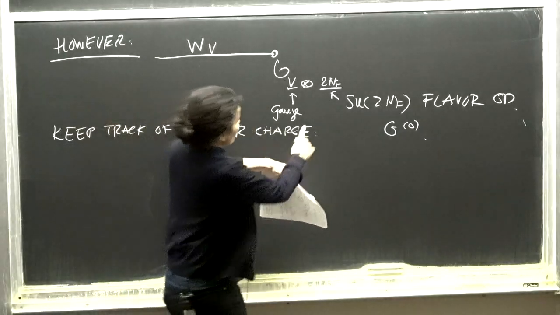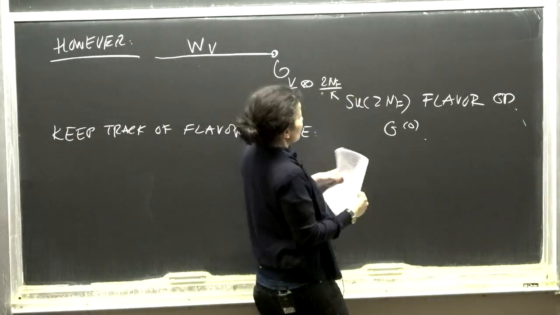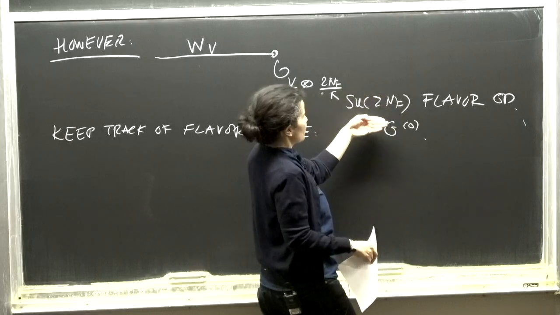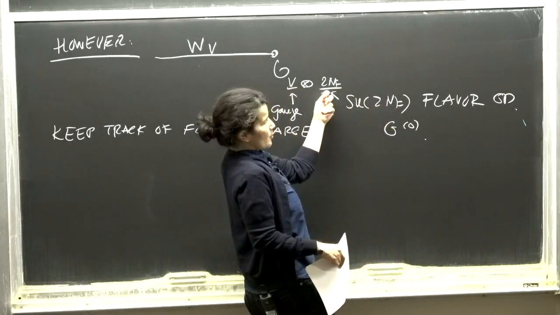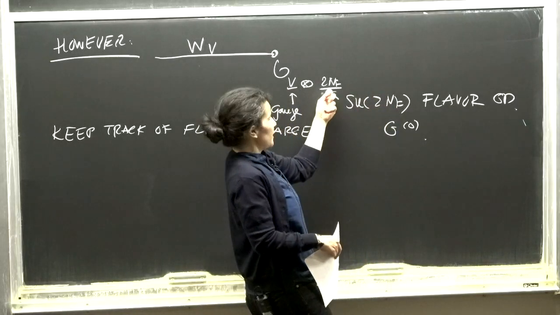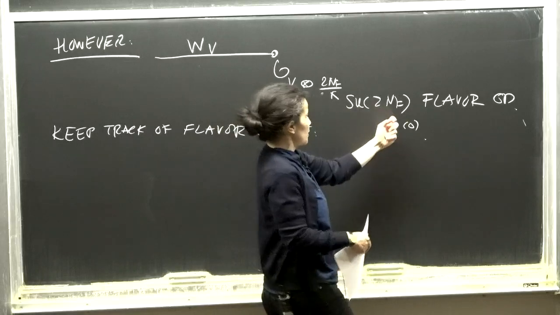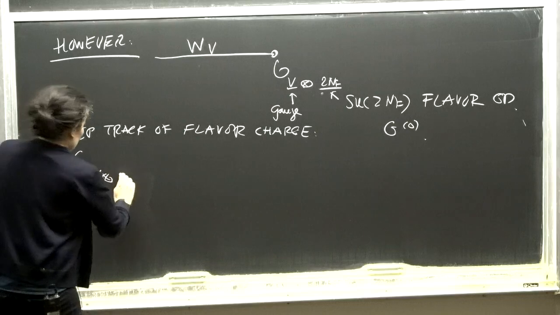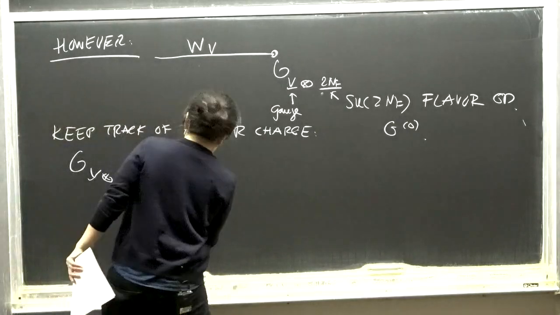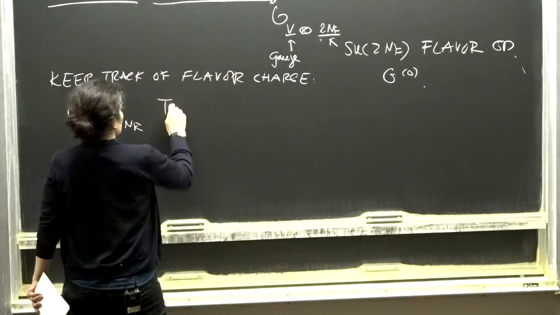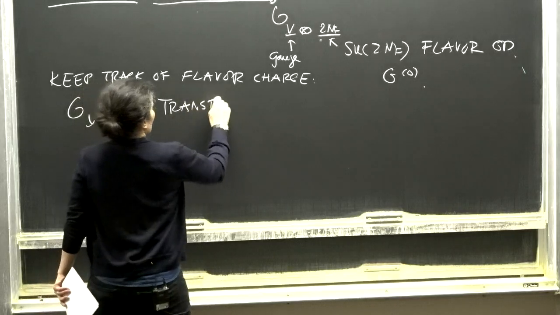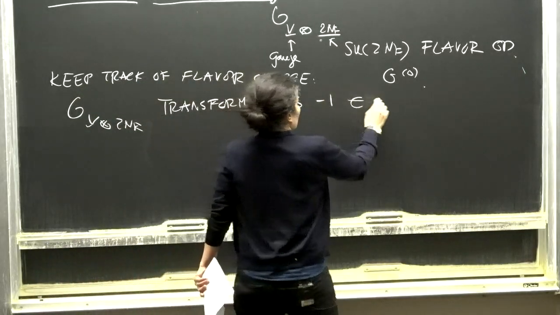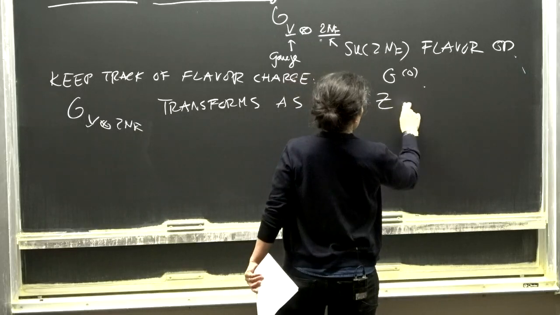And so in this case, if you think of this now as sort of a flavor group, and then there's a center of this flavor group, this transforms as a non-trivial representation under the center of this flavor symmetry. So in fact, this operator O, V tensor 2NF, transforms as a -1 in the center of this flavor group.